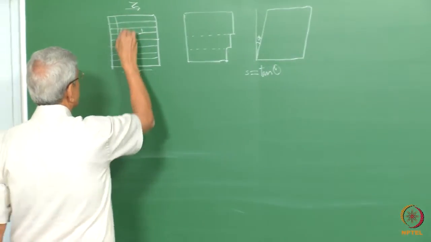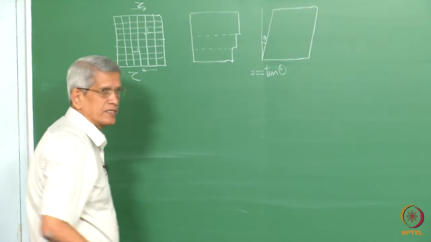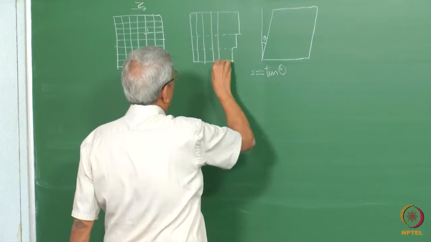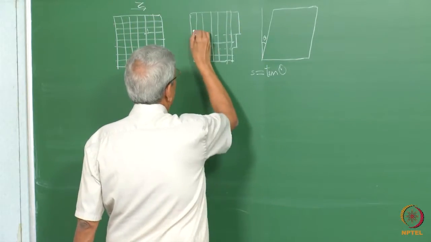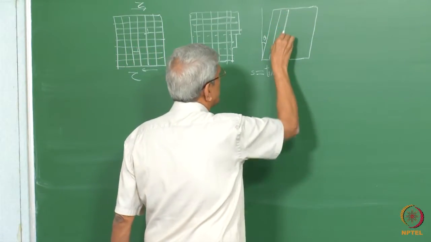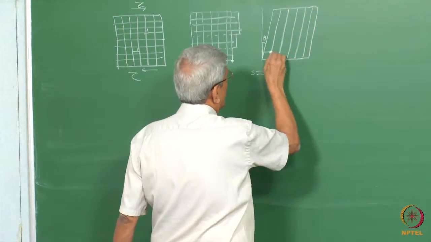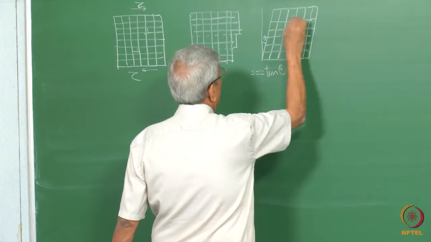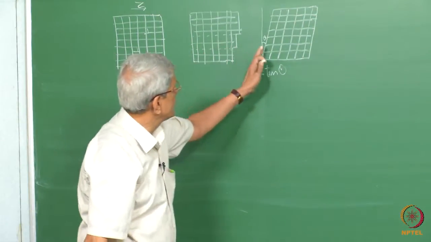Because so far we did not consider any crystal structure, correct? Now let us look at some crystal structure within this. When a homogeneous deformation takes place, now all these regions have undergone some deformation.